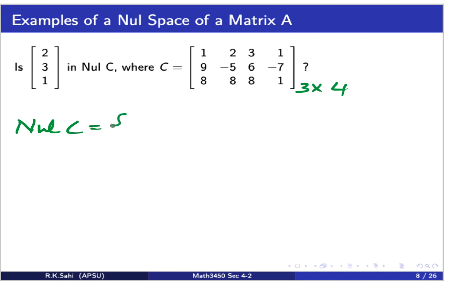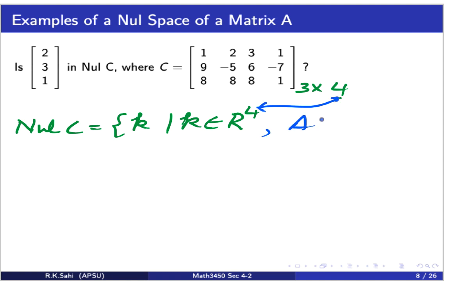Null space of C means all those k's where k is an element of R4. Very important. All those k's are elements of R4. This 4 and this 4 should match. And not A but C here, C times K should be equal to 0.